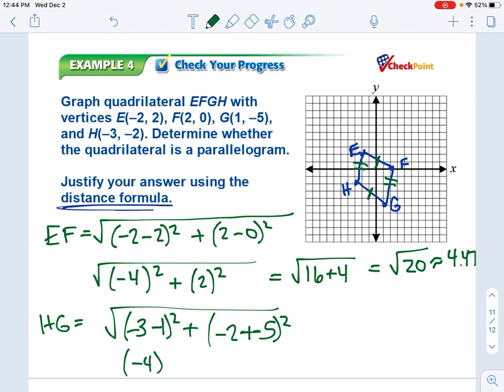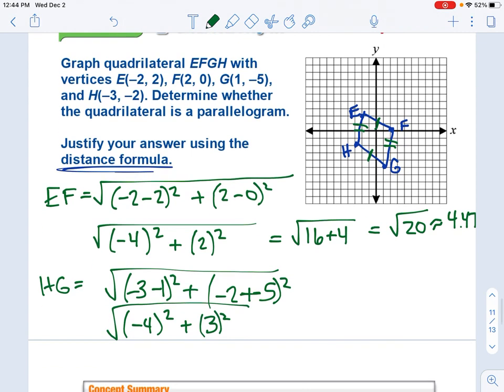We have -4 squared plus 3 squared. What do y'all notice here? We end up getting 16 plus 9. That is not the same thing.